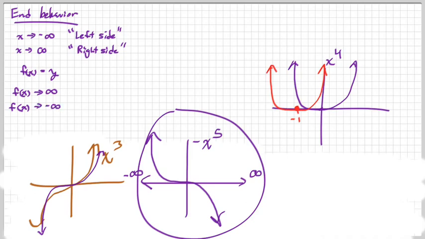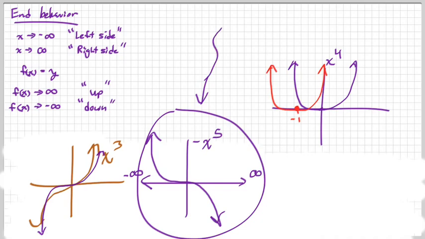Which one of these says up? The first one. This one says up. The next one says down. So you have to use a combination of these to describe end behavior. This is how I describe end behavior for this graph.